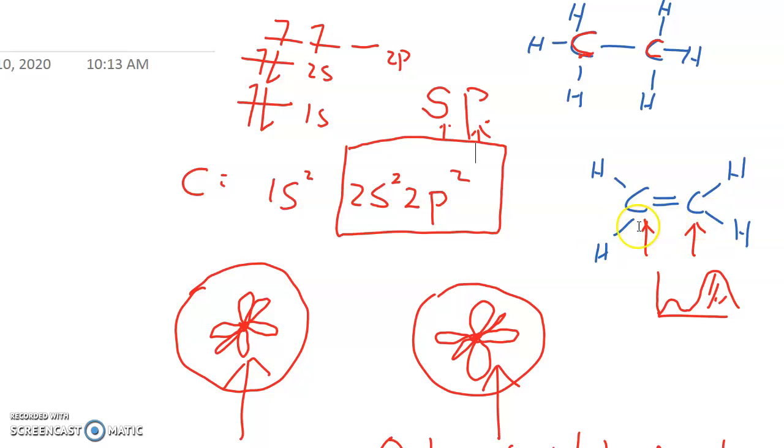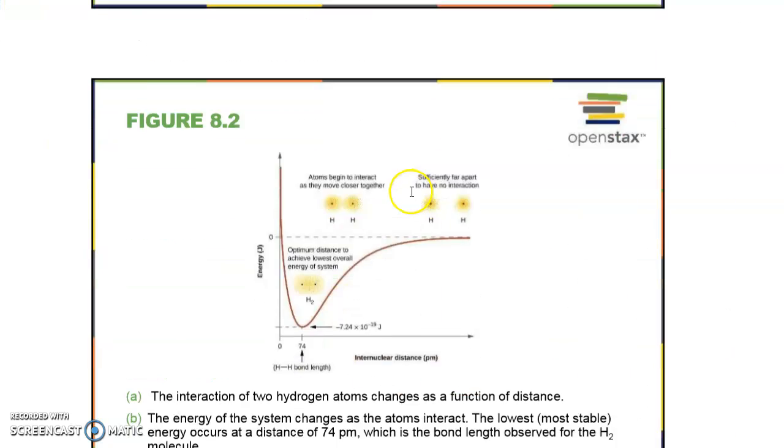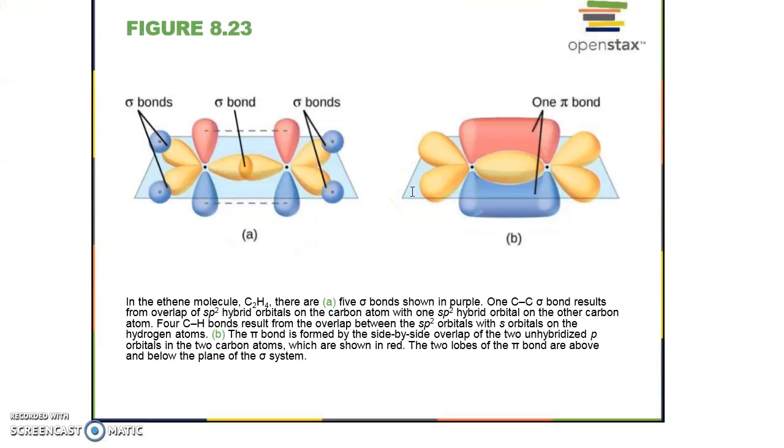Now let's look at this one. How would that arrange in such a way that it will have the right shape in order to form a bond with this carbon? After the calculation, scientists came up with a way. Look at this one over here. It is actually the same molecule as we've seen, ethane.